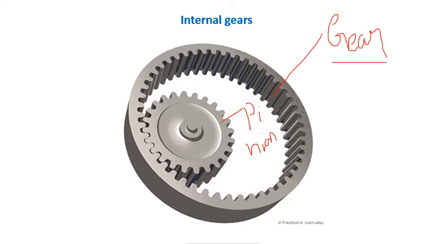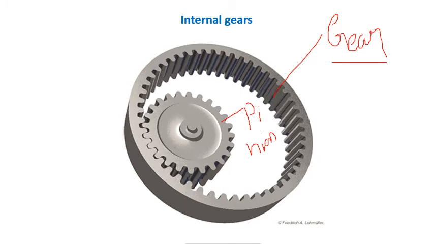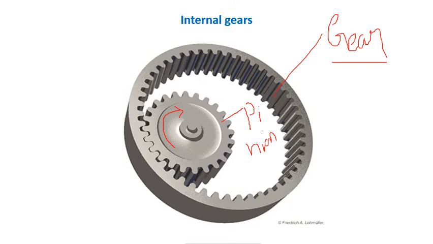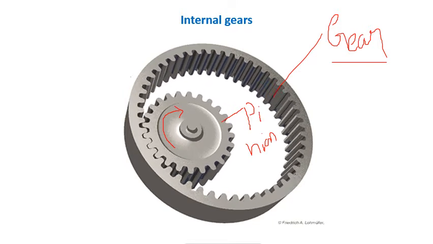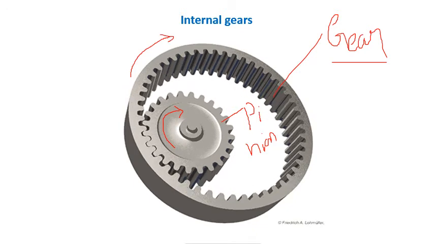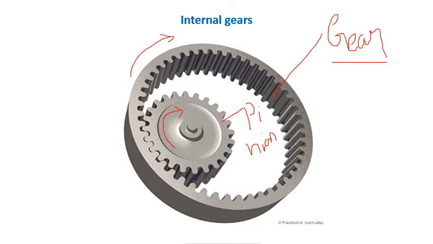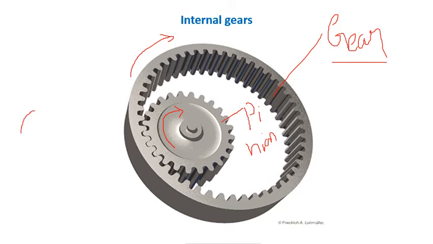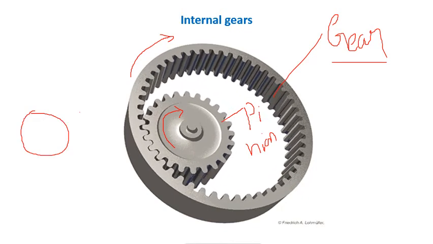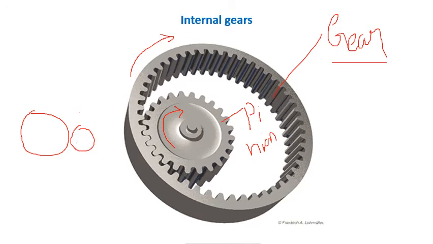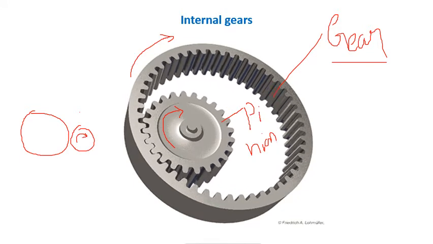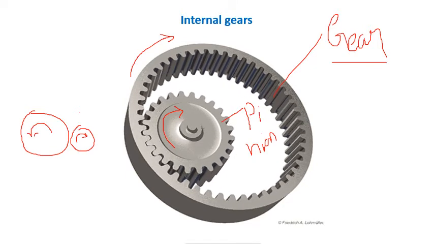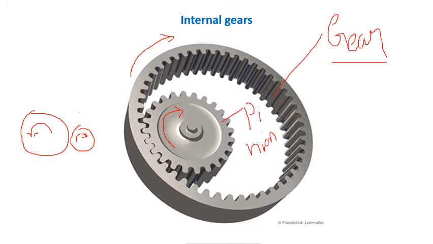Suppose let us consider this pinion as the driver. It is rotating in the clockwise direction, right? In the video it is rotating in the clockwise direction, whereas the outer wheel is also rotating in the same direction. That is one of the properties of this internal gear. Whereas in the external gears, in all the previous cases we have seen, if one is rotating in the clockwise direction, the other rotates in the opposite direction.